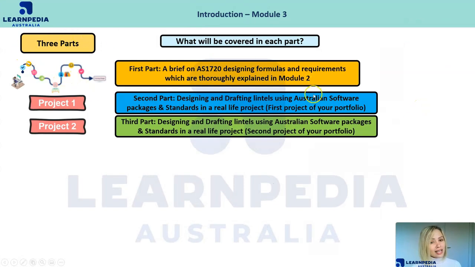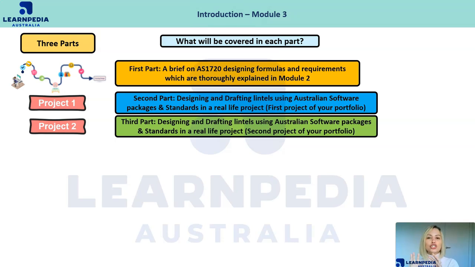Now, same as module 2, I put some steps here, so that's the designing path, and I will run you through these steps and give a brief on AS 1720 designing formulas and requirements, which are thoroughly explained in module 2. So before passing module 3, you need to make sure that you know the code requirements.